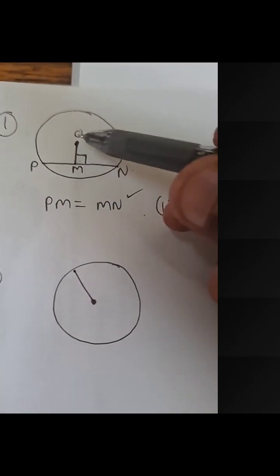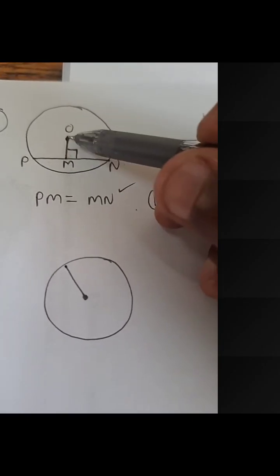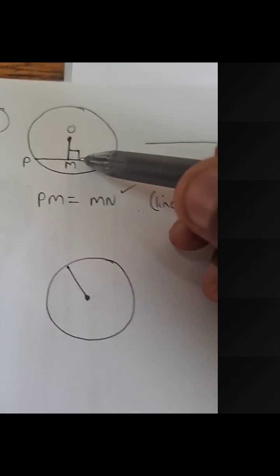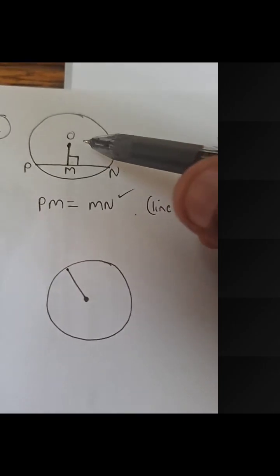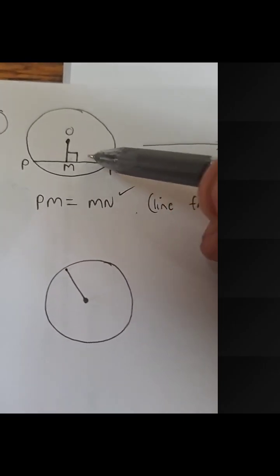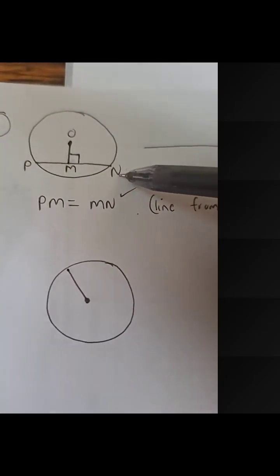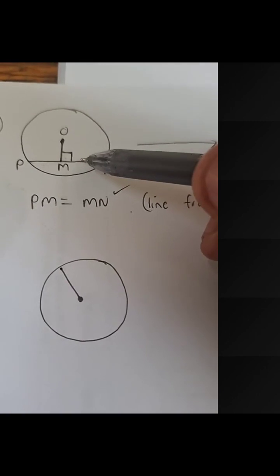This is the center. This is a line from the center perpendicular to the chord. Why do we say perpendicular? Because there's an angle of 90 degrees formed. Okay? And then the line from the center perpendicular to PN, which is a chord. What does that line do? That line bisects the chord.